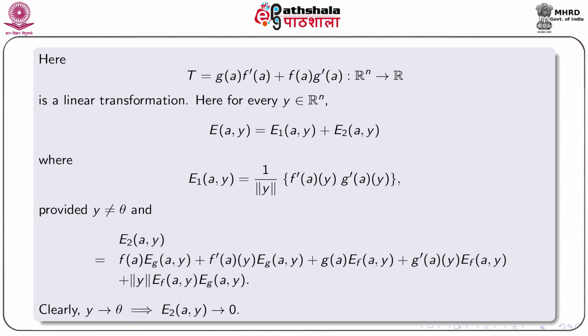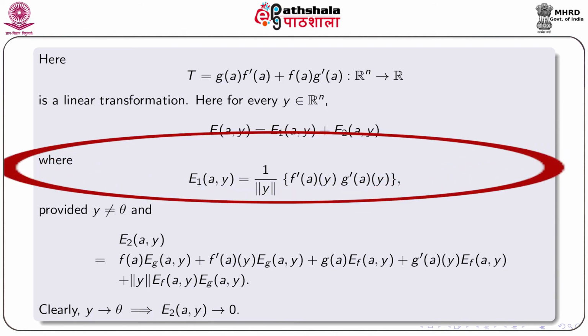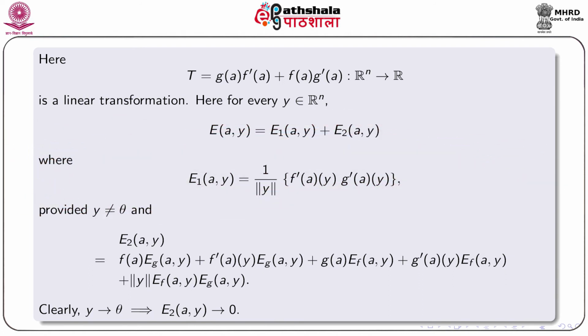Now, f dash a and g dash a both are linear transformations from Rn to R. Now, for every y in Rn, we write the error term E a y equal to E1 a y plus E2 a y. Actually, these will make our calculations easier. First of all, we take E1 a y equal to 1 by norm y times f dash a y multiplied by g dash a y, provided y is non-zero.